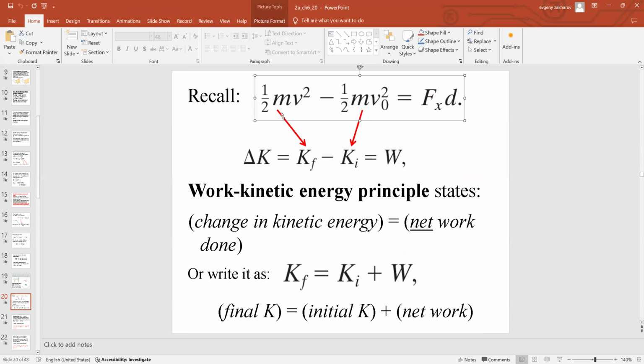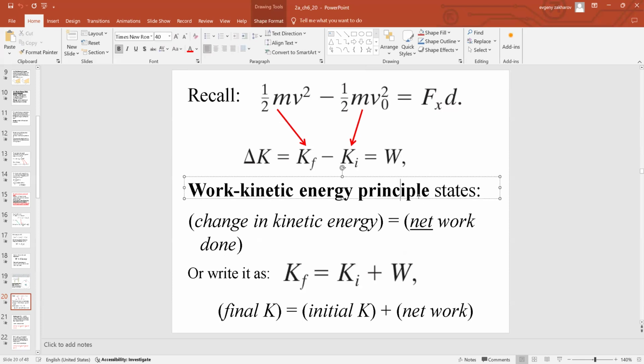We defined kinetic energy as 1/2 mv squared. So final value for kinetic energy, take away initial value for kinetic energy, is the work done by a force over this displacement with respect to a certain axis. This is the work kinetic energy theorem or work kinetic energy principle, whatever you call it.